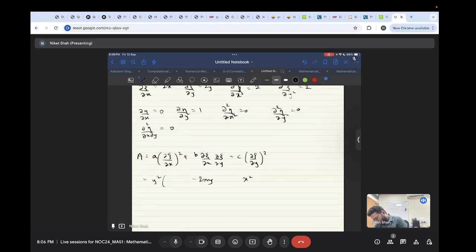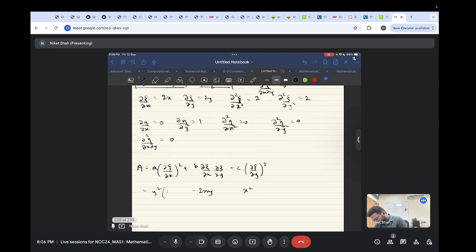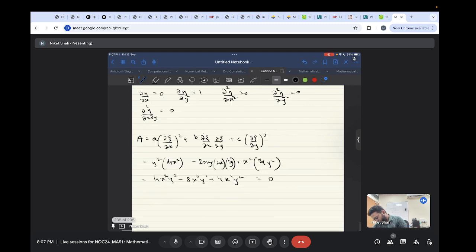And ∂ψ/∂x the whole square is 4x square. b into 2x into 2y, plus c into x square, 4y square. So this becomes equal to what? 4x square y square minus 8x square y square plus 4x square y square. What is that? 0. So capital A comes out to be 0.